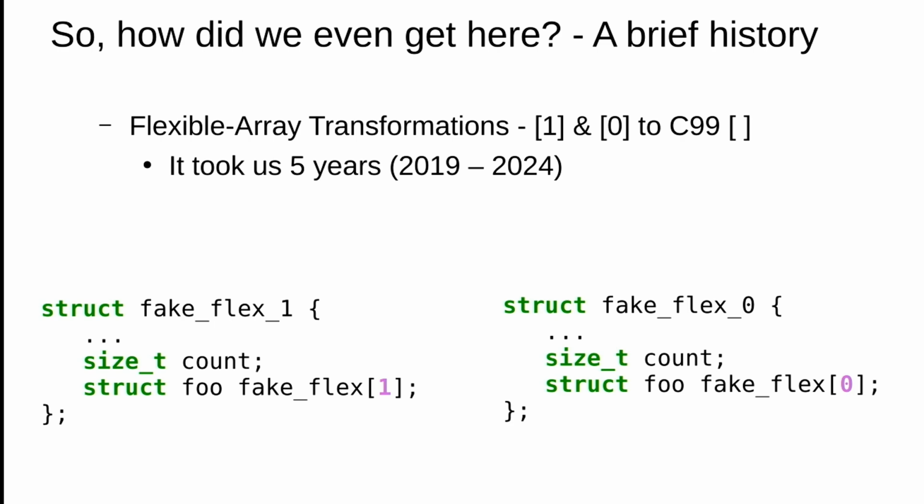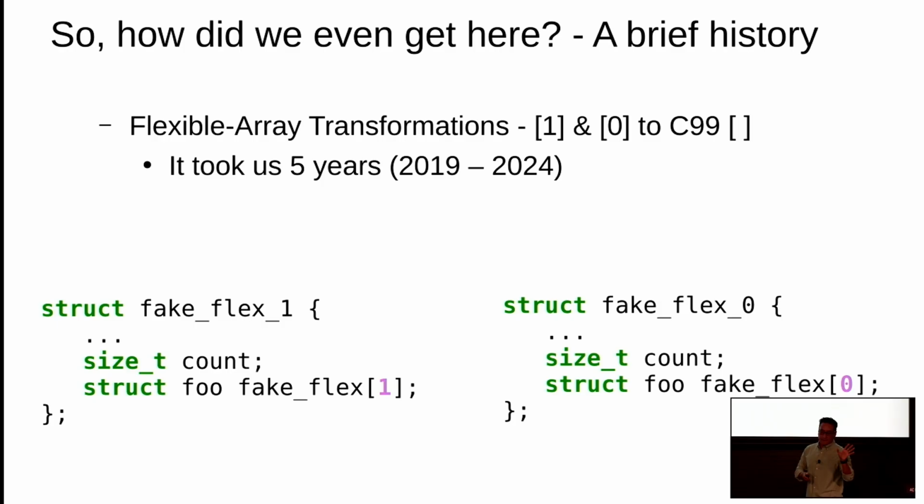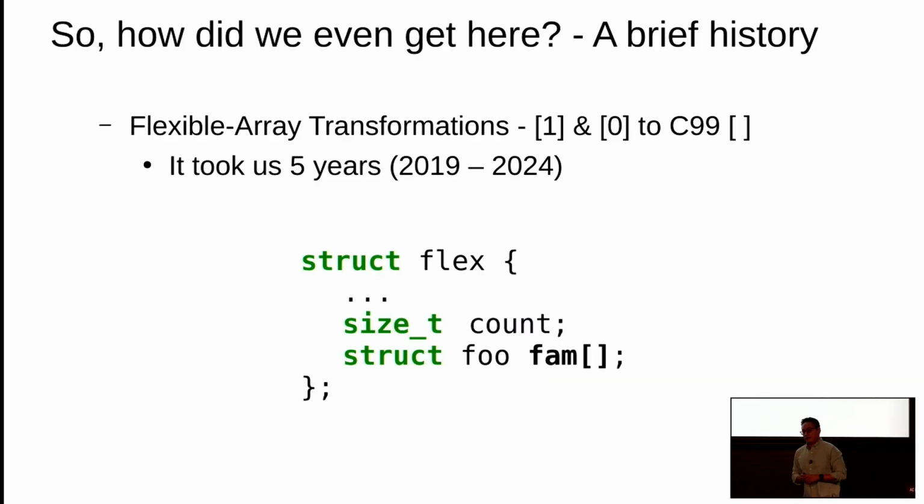However, this has proven to be buggy, and we have fixed a lot of issues in the process of transforming these one-element arrays and zero-length arrays into flexible array members. At the time, we decided to call one-element arrays and zero-length arrays that were being used as flexible array members fake flexible arrays. And of course, now this is how a flexible structure should look, and this is how a proper flexible array member should be declared.